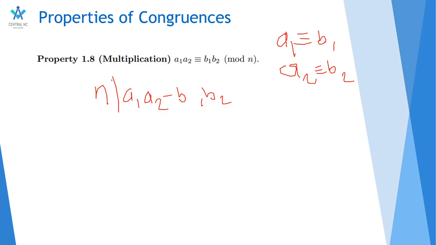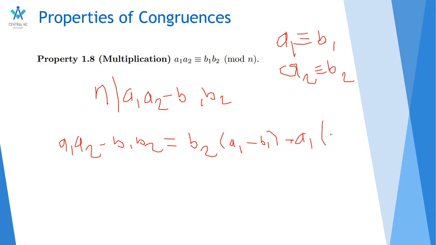It turns out that A1, A2 minus B1, B2 is equal to B2 times A1 minus B1 plus A1 times A2 minus B2. Okay?